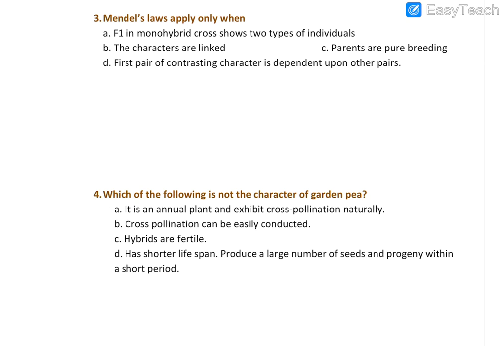So the plants should be pure breeding, which we call pure line plants. The plants that can exhibit self pollination and produce the same plants in the next generation, or for many generations, are called pure line plants. If you take a tall plant, then the genotype will be capital T, capital T. If this plant is allowed for self pollination, the pollen grains are collected and released into the gynoecium of the same flower, that we call self pollination.